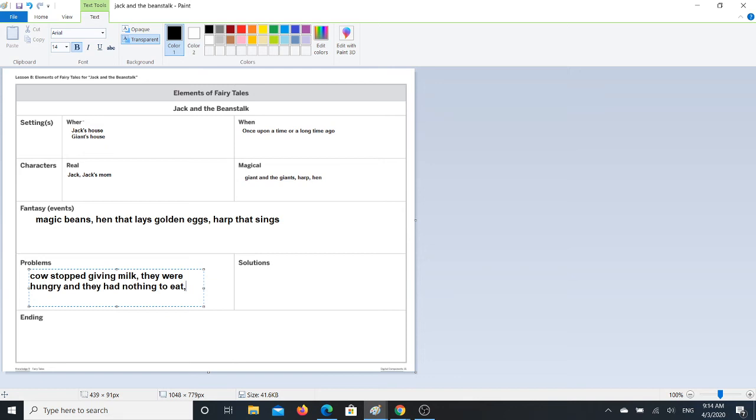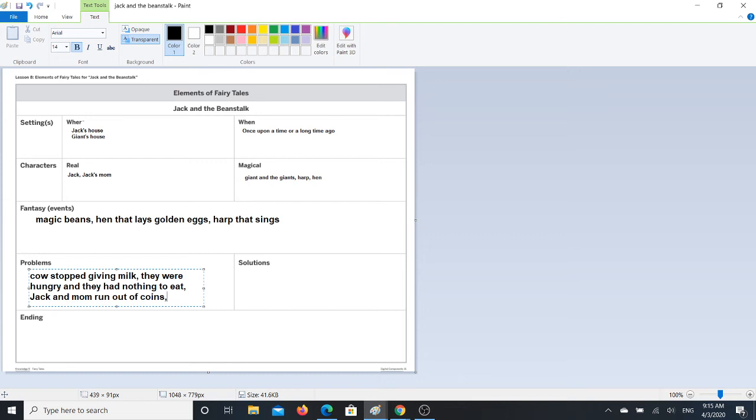And then later on, I think we saw some more problems where they run out of coins again, right? So Jack and Mom run out of coins.